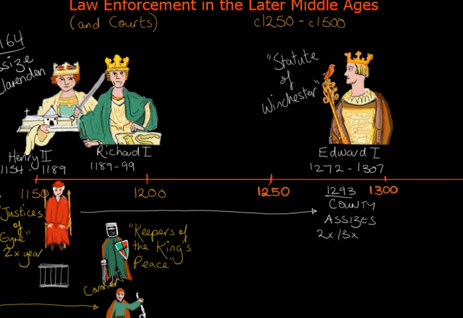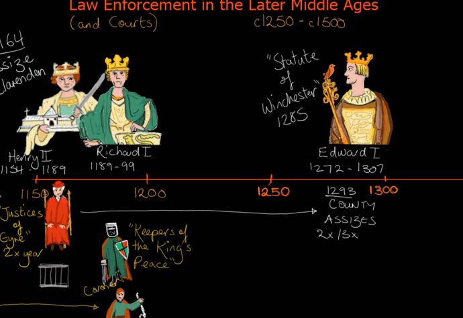So every few months, there would be a huge procession into everybody's area of these royal judges, accompanied by all their clerks and their advisors, coming to judge the serious crimes. So that's one change that Edward makes.